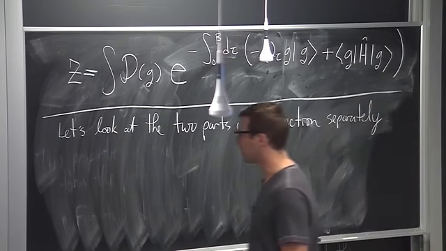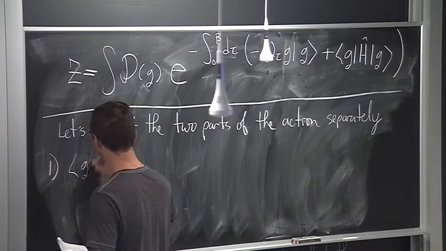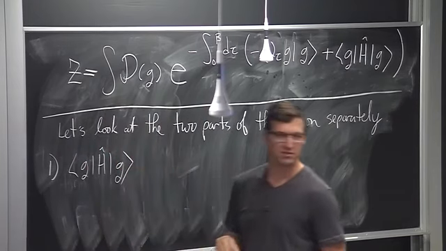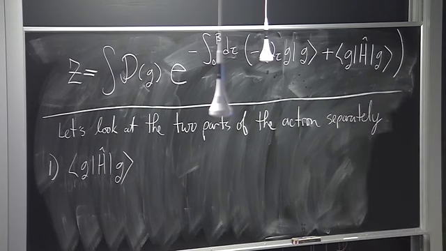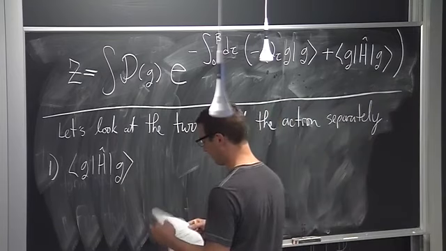So I'm going to start with the Hamiltonian piece. I still have it written in terms of an operator H. All right, so we have to think about what that matrix element looks like.